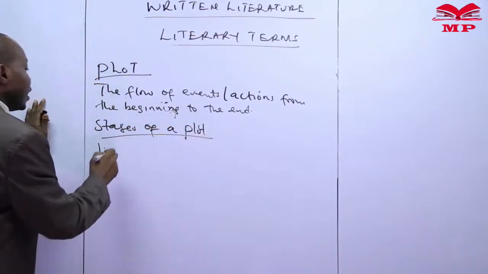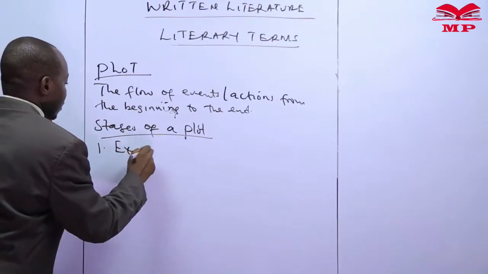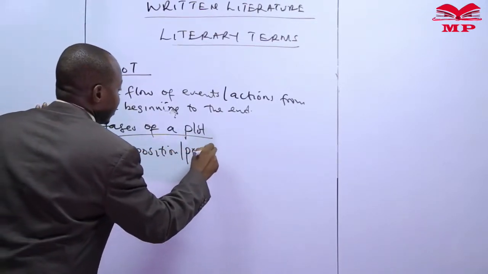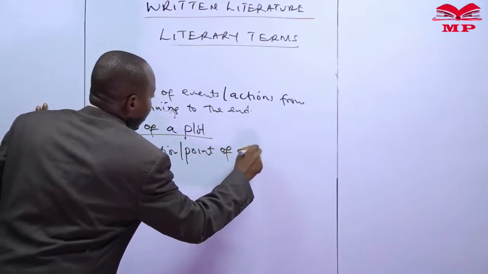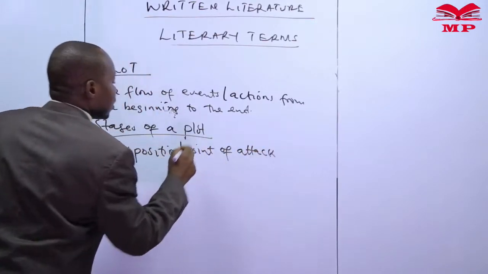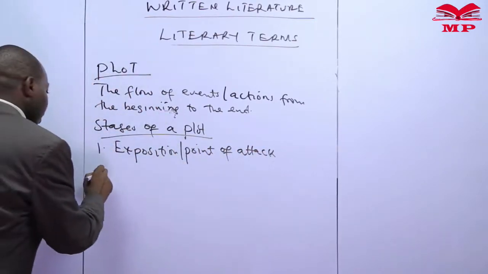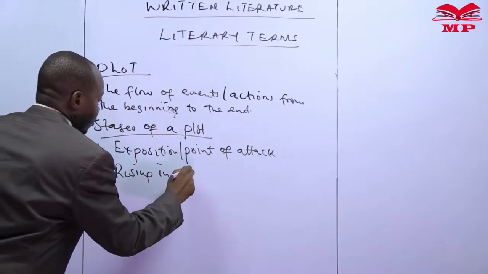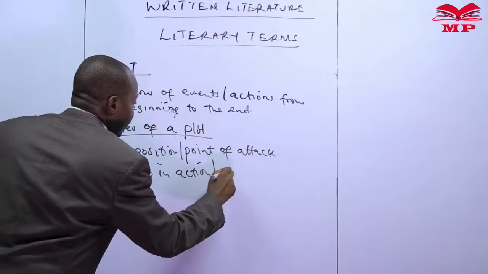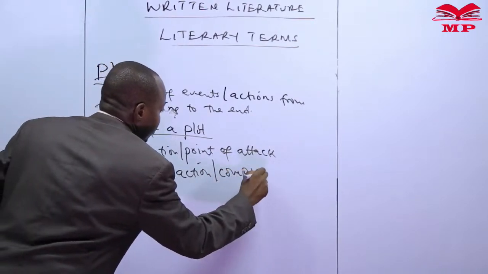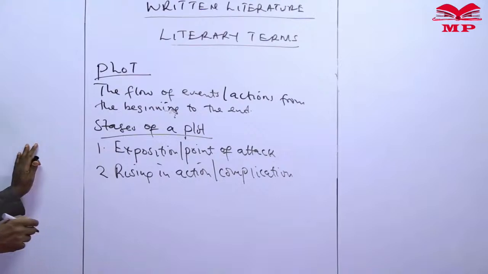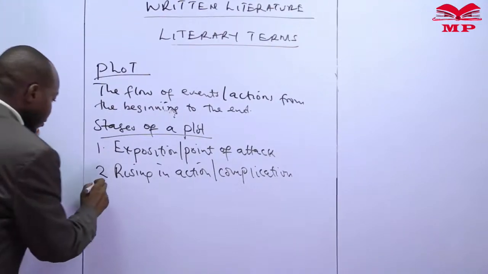The first stage is called exposition, or some people call it point of attack. The second stage is called rising action, or complication. The third stage is called climax.